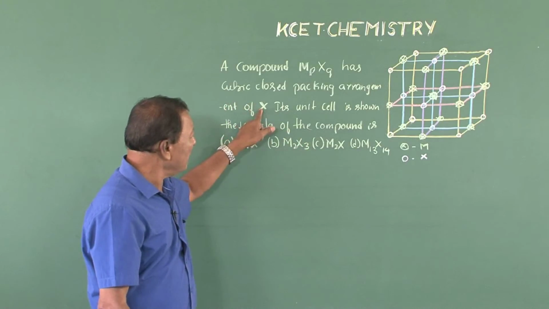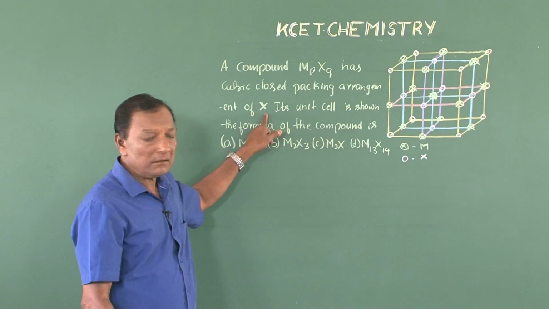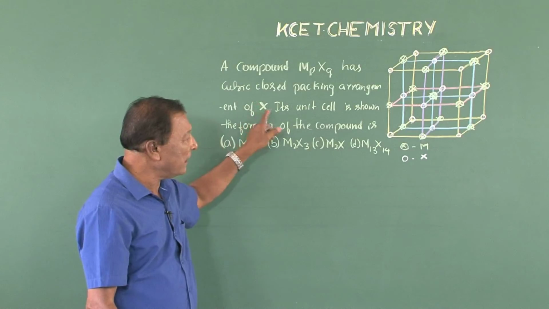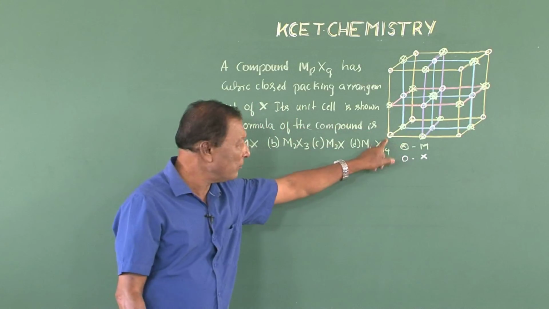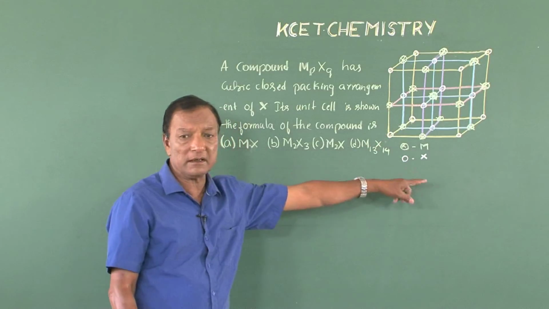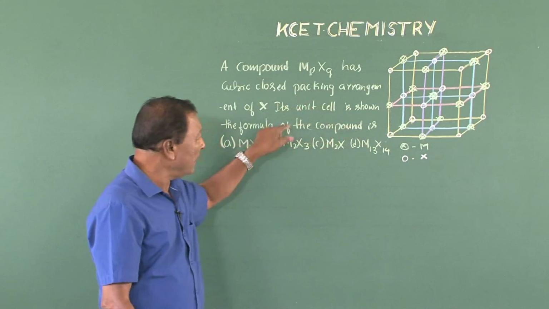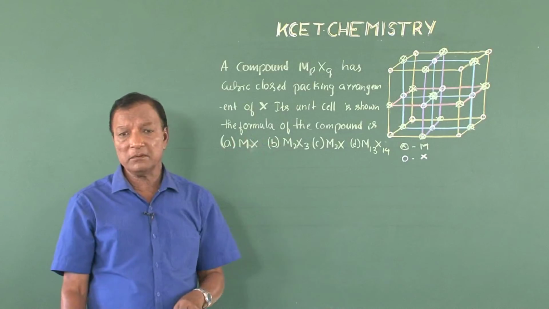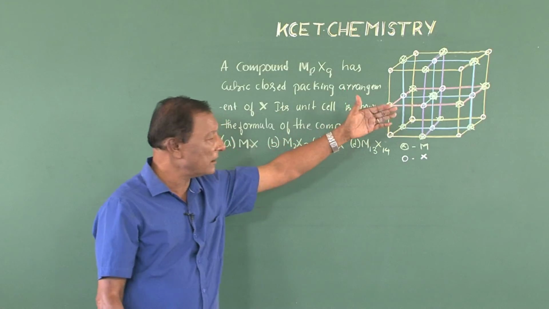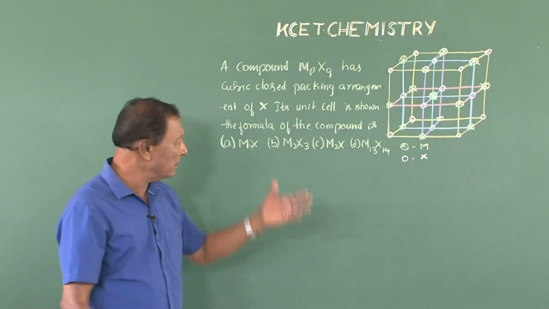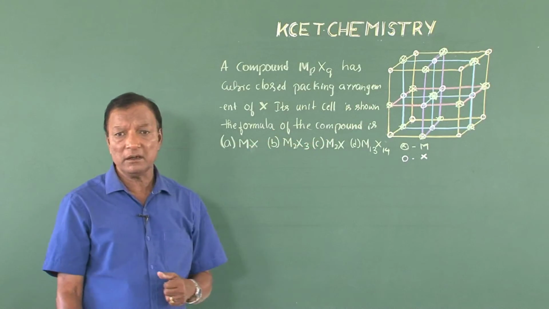It is the packing made out of X, therefore this X should hold the corners. That is why we are having the corner particles X. And the other one is to be M, and M is to be placed in the alternate positions. In this, the formula is to be derived.